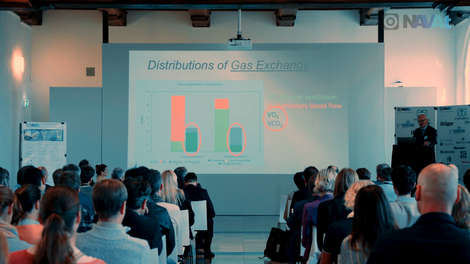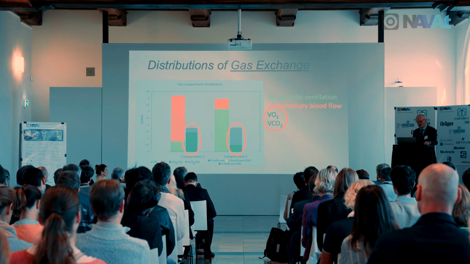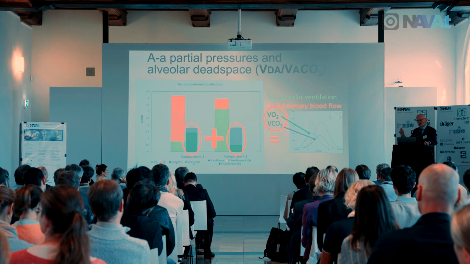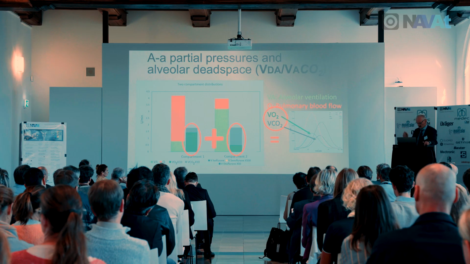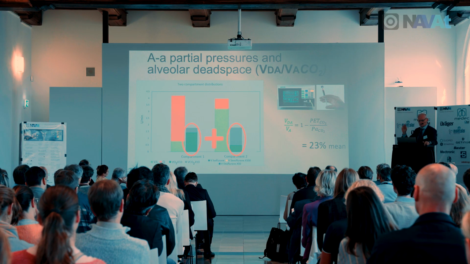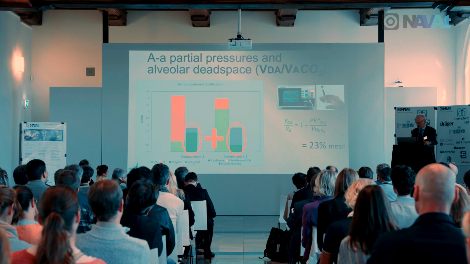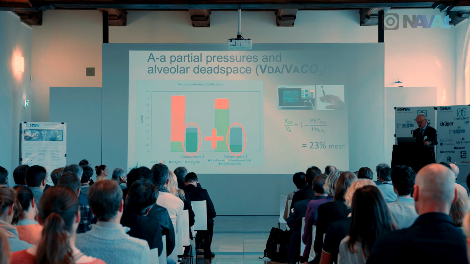All right, so what we want is to work out just what these different VQ ratios should be. What we want is for it to equal the gas exchange that we would compute from a much more complex log normal distribution, but more importantly, we want it to equal what we've measured in our patients. We want it to give us a mean alveolar dead space of 23% using CO2, our core equation.